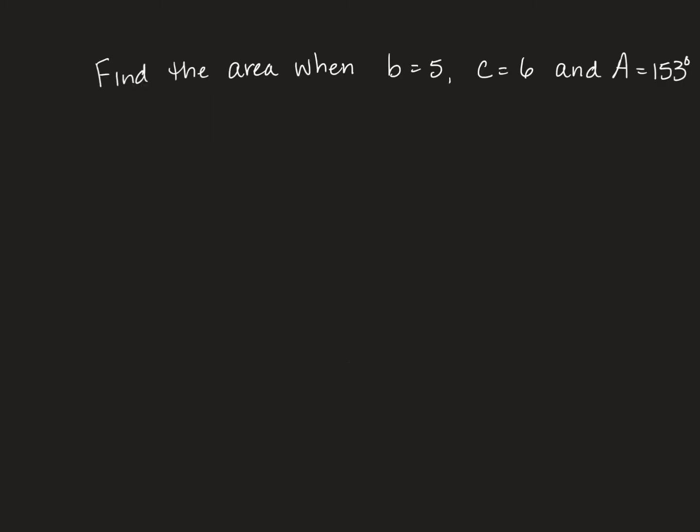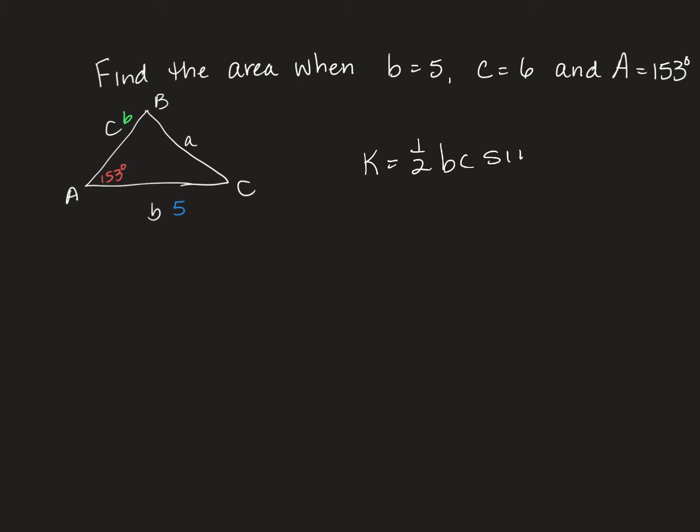All right, so find the area again. Here's one without a triangle. Again, I can just draw myself a triangle. Doesn't matter what it looks like, what shape it's in. So A, B, C, go in and write what I know. So this is 153. I know that b is 5, and I know that c is 6. Looking at it, I have the two sides and the angle in between. So I know my formula is going to be K equals 1/2 bc sine of A. Two sides, angle in between.